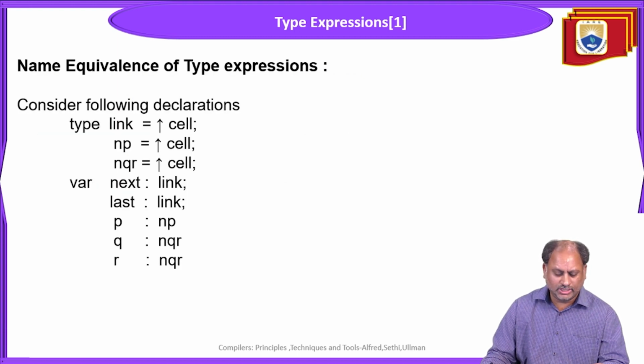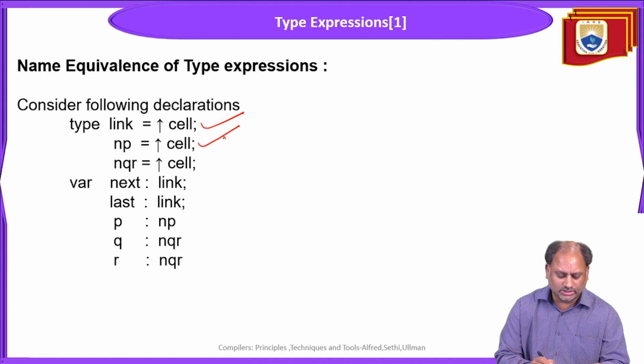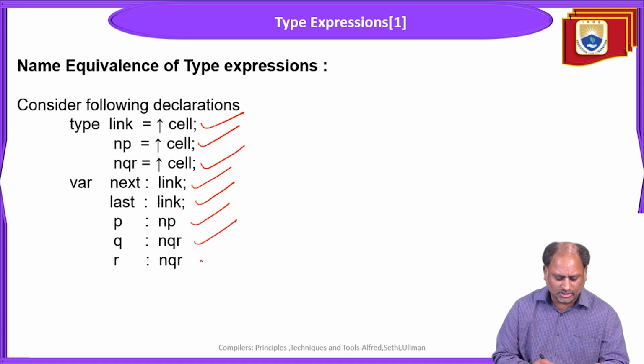And if you take the name equivalence of some type expressions in this example, what is the link type? Pointer to cell. Another variable NP is pointer to cell, NQR is pointer to cell. Here the variable next is defined as link type, last as link type, P, NP, P, NQR, R, NQR. That means here link is a pointer to cell.